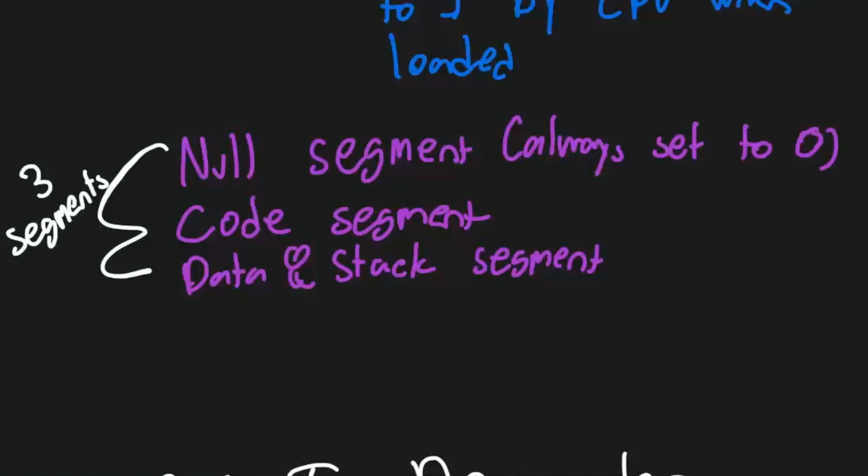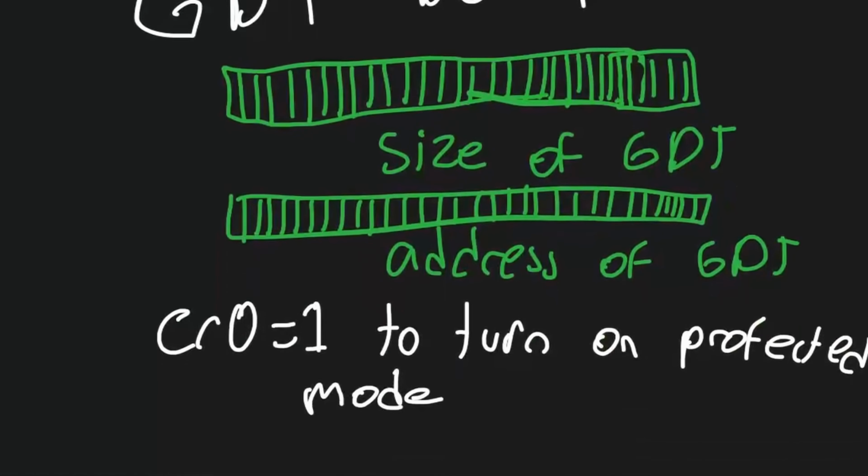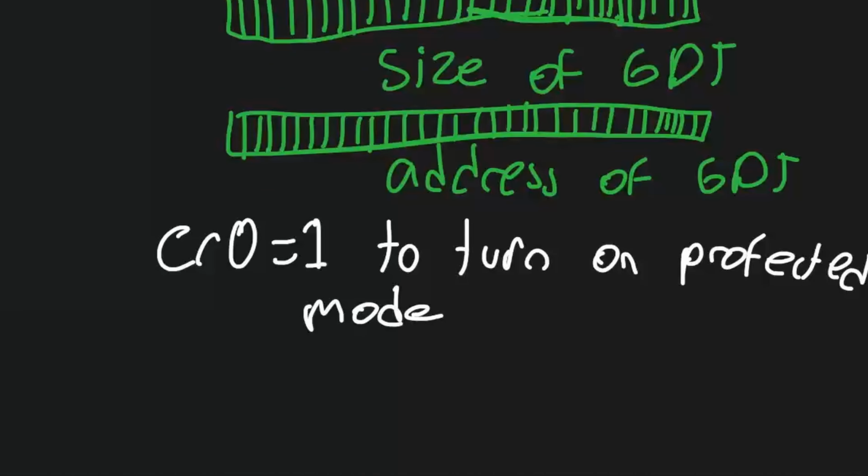There are 3 segments: the null segment, which is always set to 0, the code segment, and the data and stack segment. Then we need a GDT descriptor, and to change a register in order to actually switch.